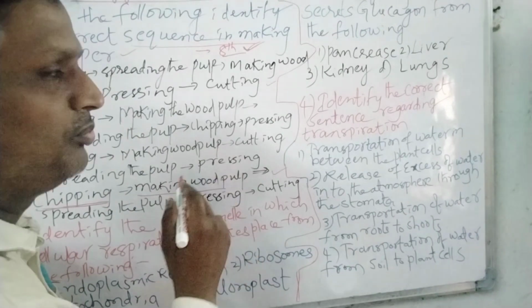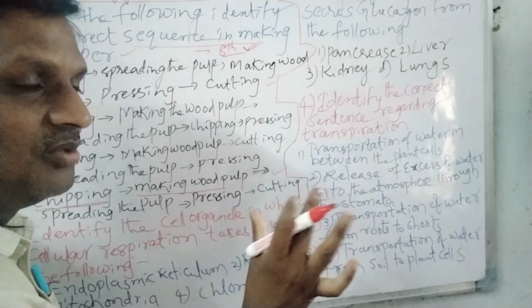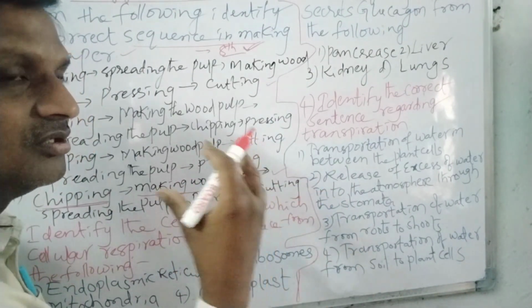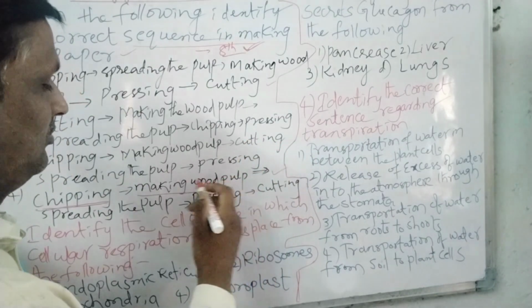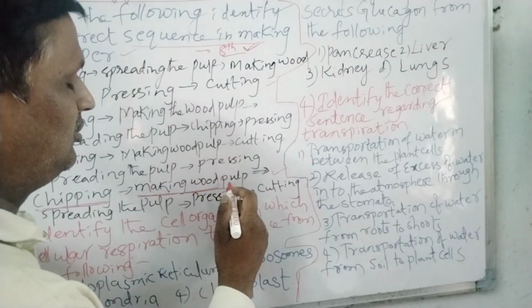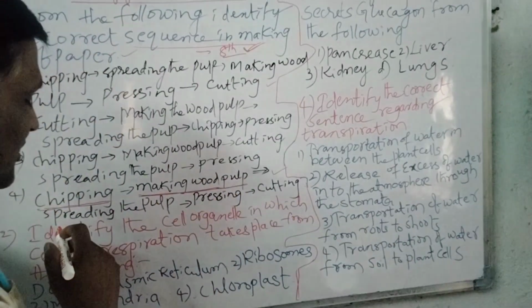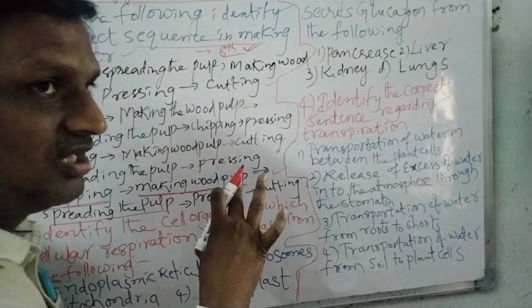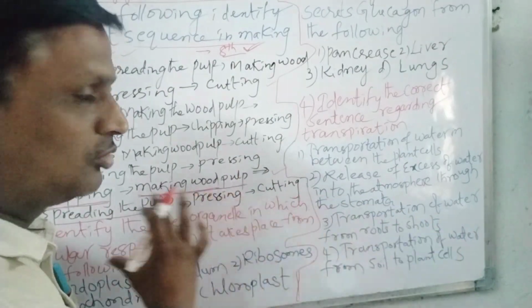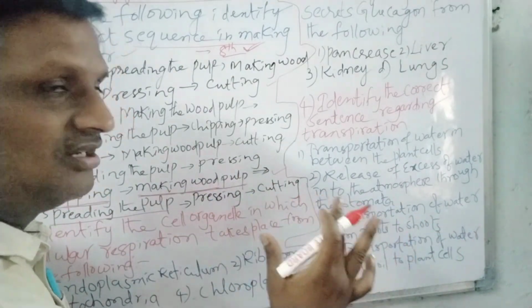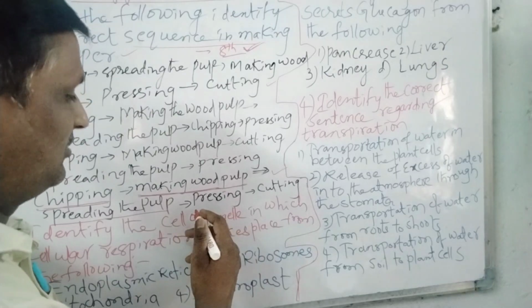Second one is making wood pulp. We should prepare the wood into a pulp, so the solid wood should turn into liquid pulp. Then after, spreading the pulp on a plate. The pulp should be spread on the plate and it should be dried in the presence of sunlight.